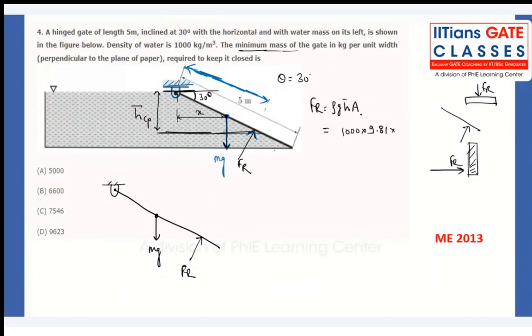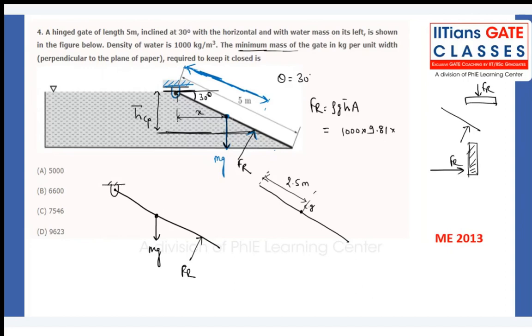What is my h bar, guys? See, this is my plate. Plate centroid to the top will be what? 2.5. Right. But always remember, my dear friend, whether h bar cp or h bar, that is a vertical distance.